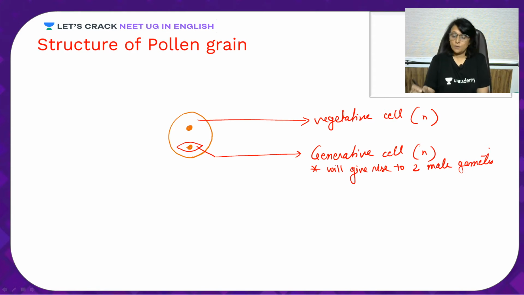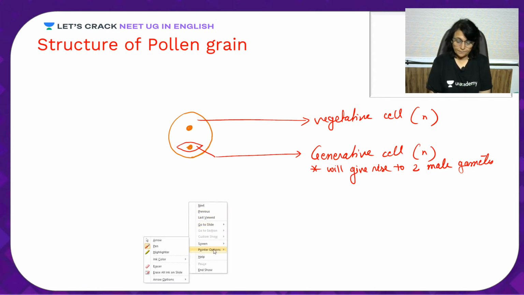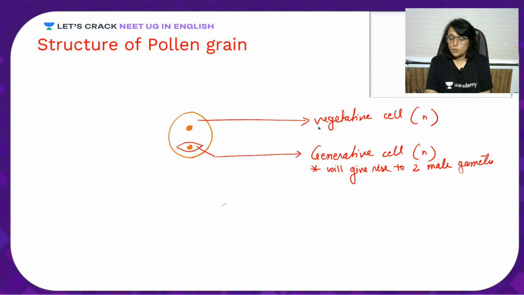So what is the function of this vegetative cell? The vegetative cell performs two functions. One, it has to provide nourishment to the generative cell and then the male gametes.